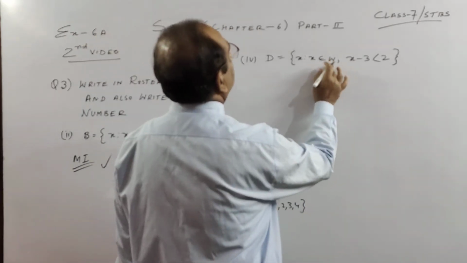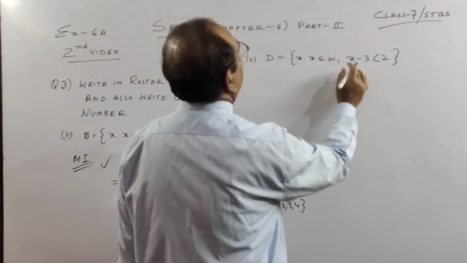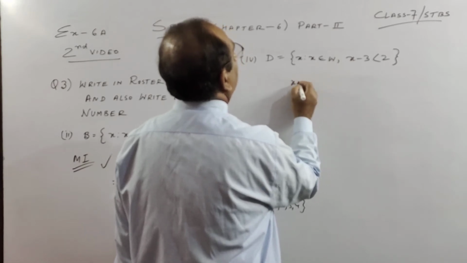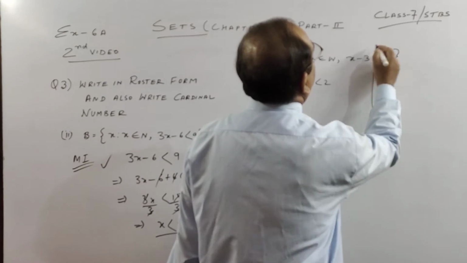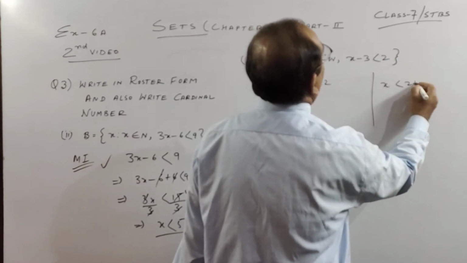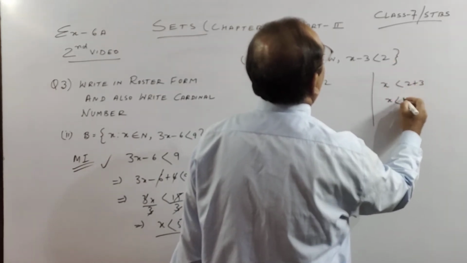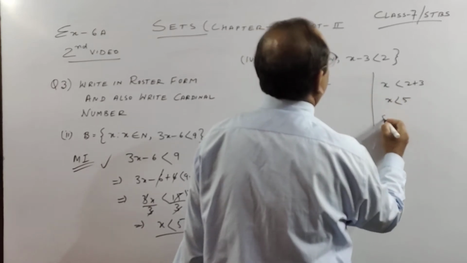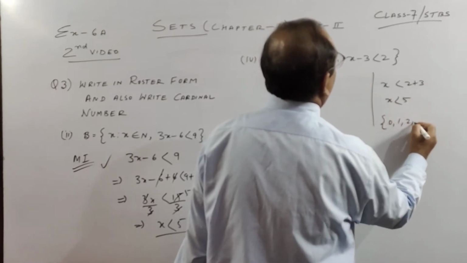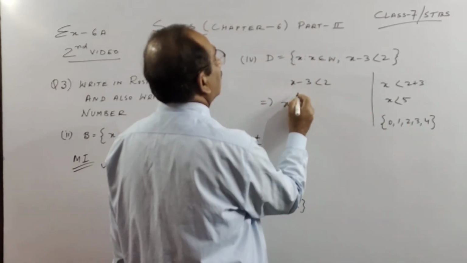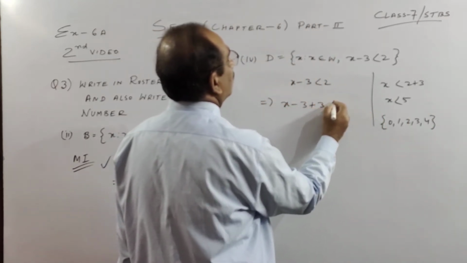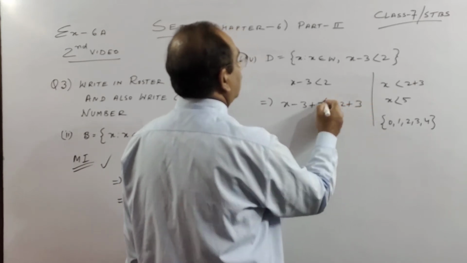Next, same question, where x belongs to whole numbers. In the same way, children, x minus 3 is less than 2. Again the shortcut: take 3 to the other side, 2 plus 3, x less than 5. Whole numbers less than 5, children, are 0, 1, 2, 3, 4. But the more logical way, children, is that to remove -3 you add +3 to both sides.